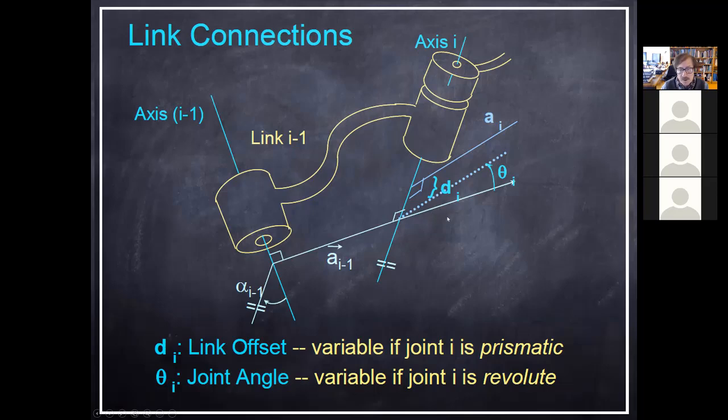These two parameters are describing the link connection. Now, if this was a prismatic joint, I would have a non-zero d, but then 0 theta. If it were the revolute joint, I would have a non-zero theta and 0 d.